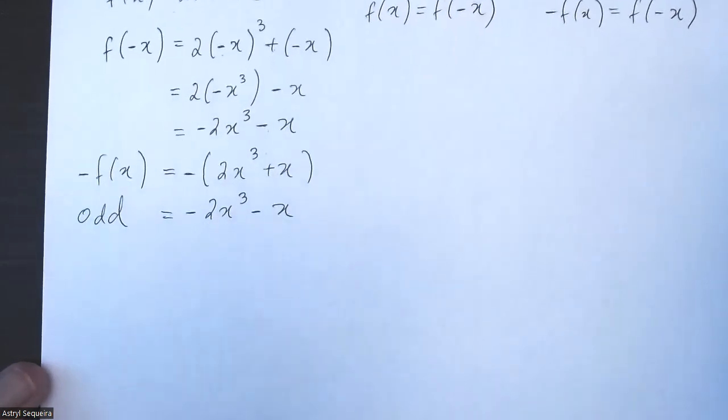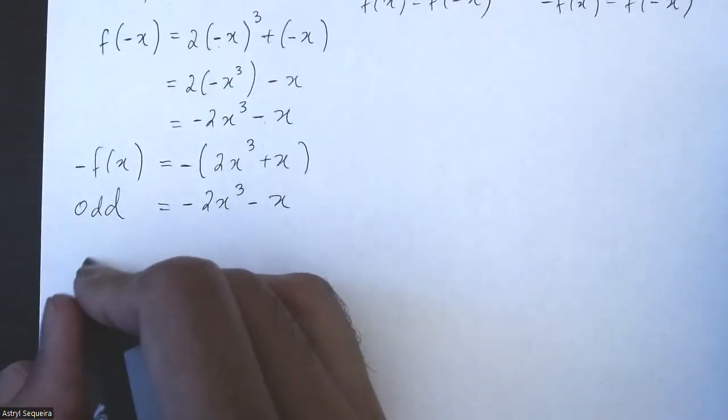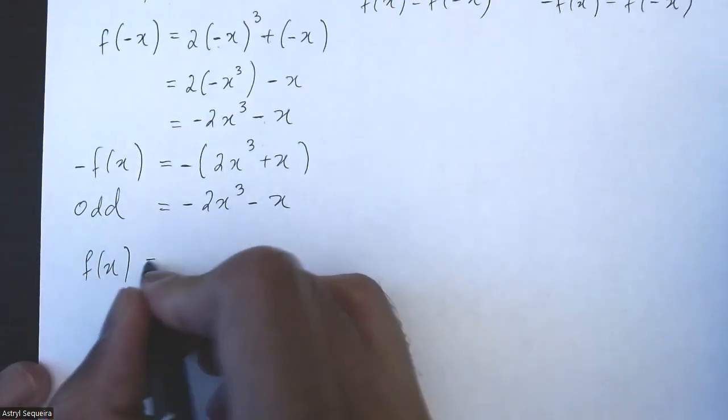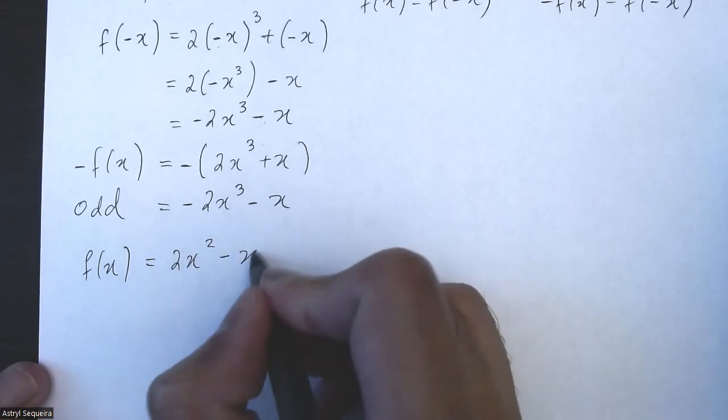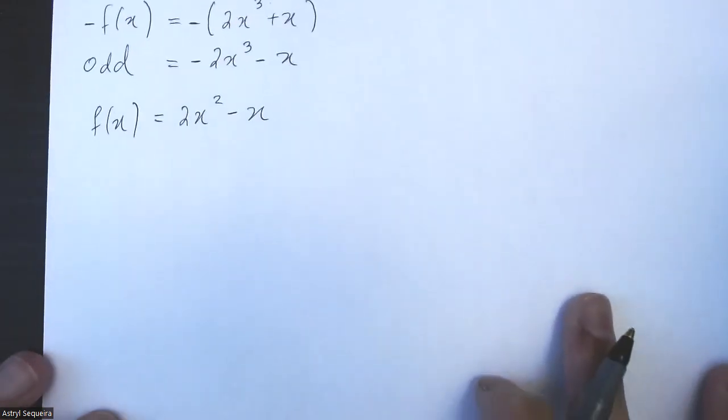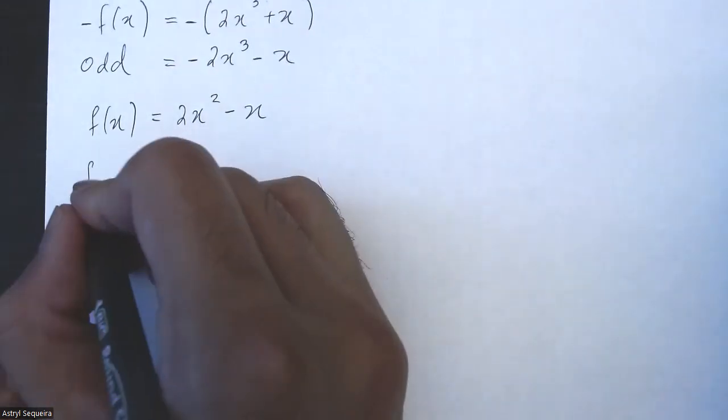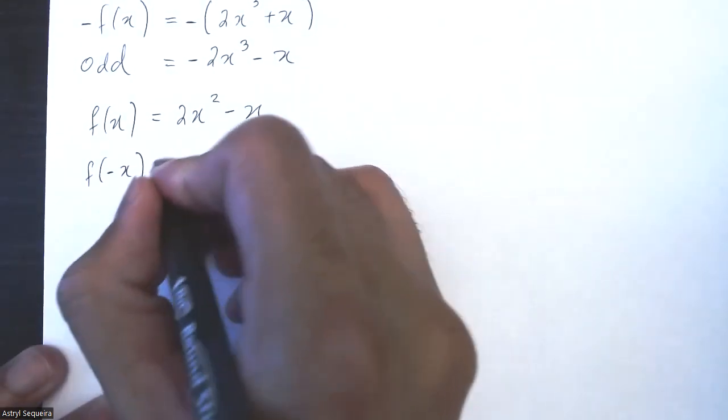Let's go to the second example over here. We have f of x equals 2x squared minus x. So again, let's do a test for even first. Let's find f of negative x.